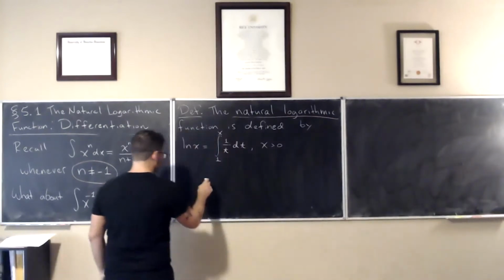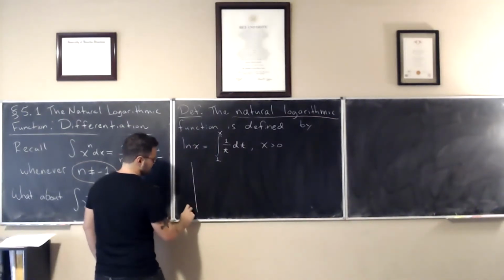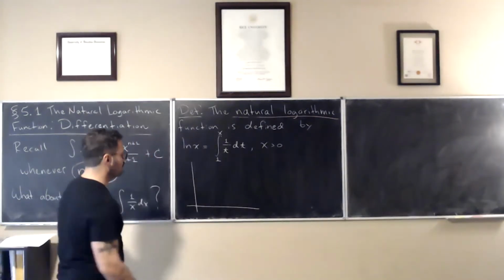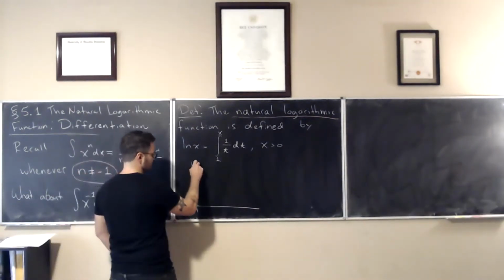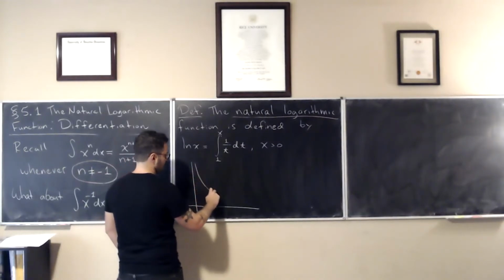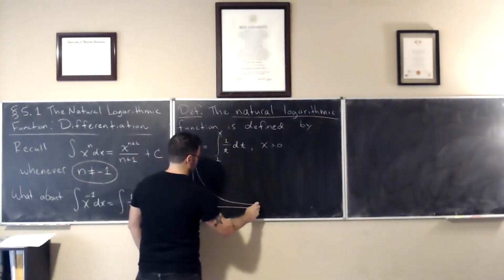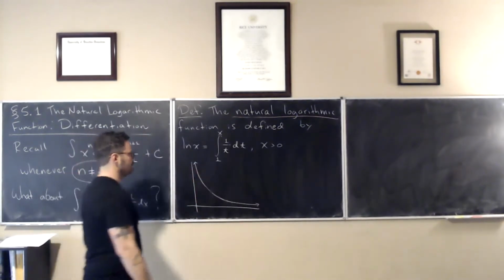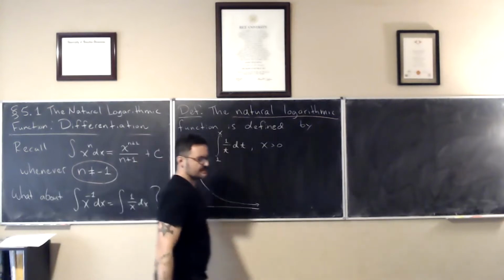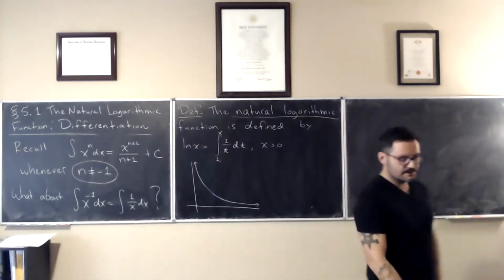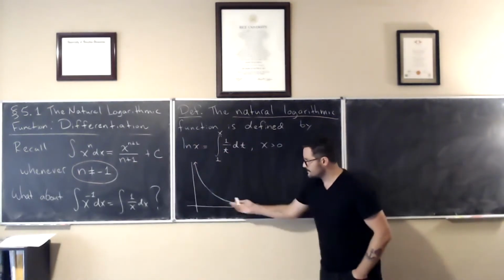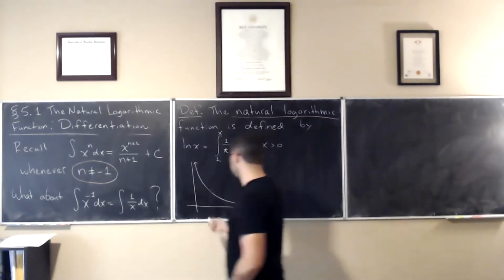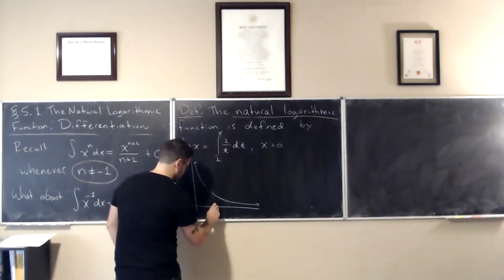So what does 1 over t look like? Well, if you were to plot 1 over t, or graph it, it would look like that, right? And this definite integral is calculating the area under this curve on a given interval, 1 to x, right? So maybe 1 is like right here.